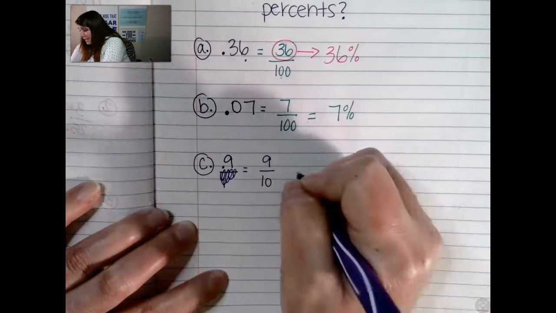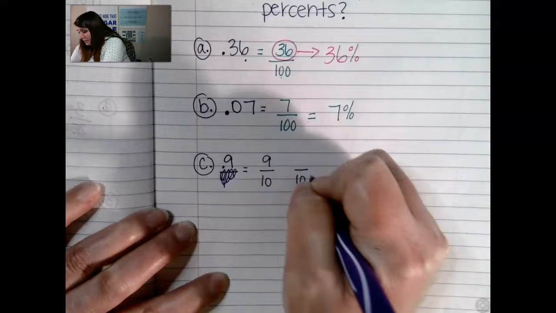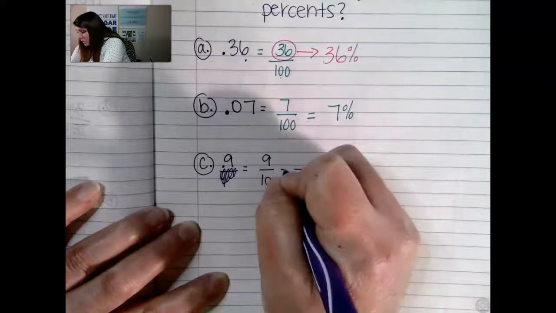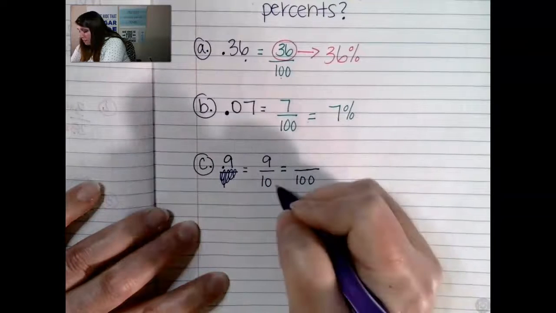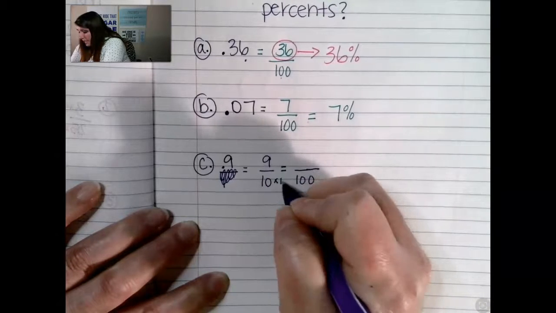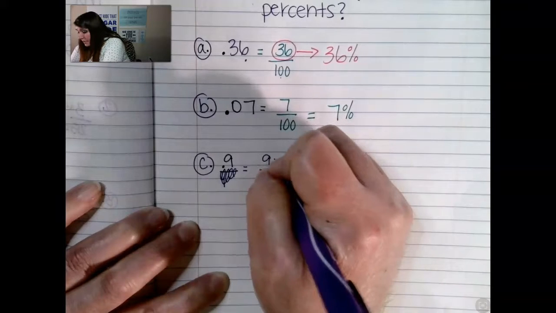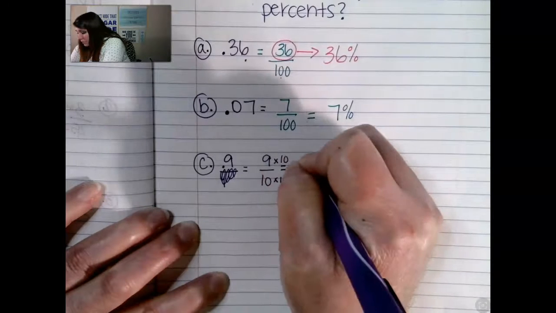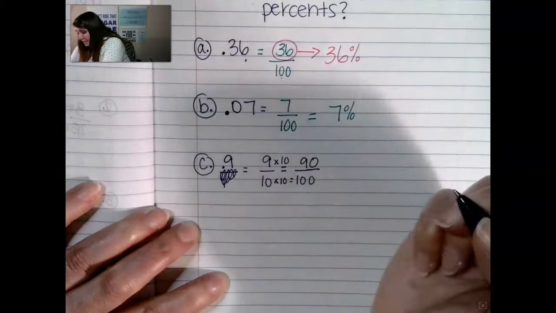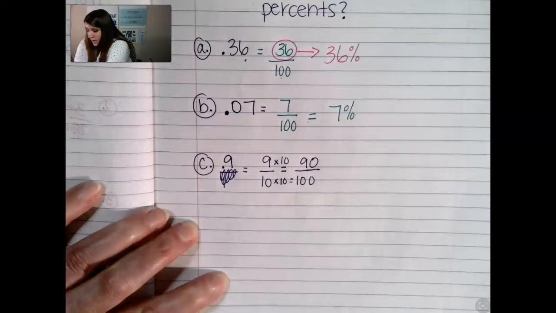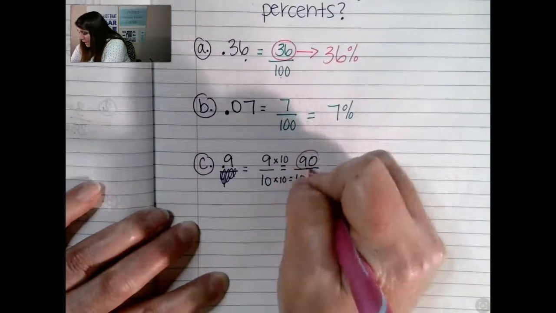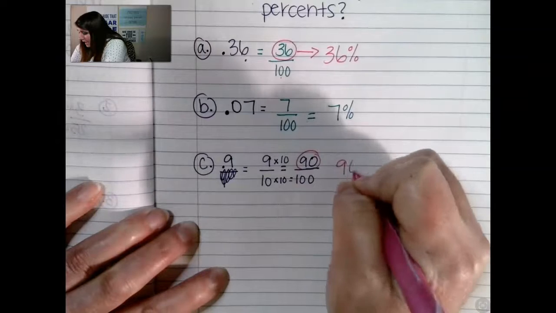Or we can try to get it to 100 again. So we can get this to 100 by doing a multiplier. 10 times 10 equals 100. So 9 times 10 would equal 90. So this fraction right here tells us that we have 90%.